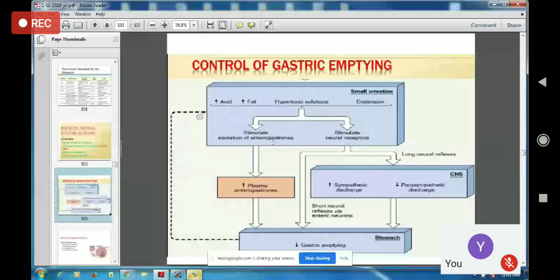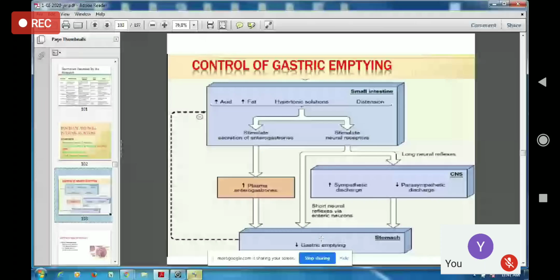CCK is cholecystokinin. So these are the hormones. They will be increased in blood. They will not go into the lumen, but they will go into blood. Then they will act on the cells and they will decrease the gastric emptying rate. That means the food will move slowly from the stomach to the duodenum.